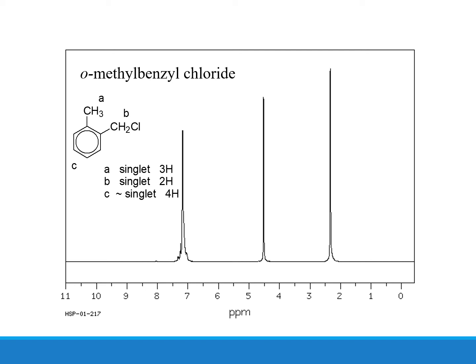Ortho-methyl benzyl chloride, we have seen this already before, and it has 9 hydrogens in 3 different environments, and for that matter we'll have 3 peaks, right? However, what's interesting here is that even if we have hydrogens in 3 different environments, none of them are coupled to one another. None of them are neighboring groups.